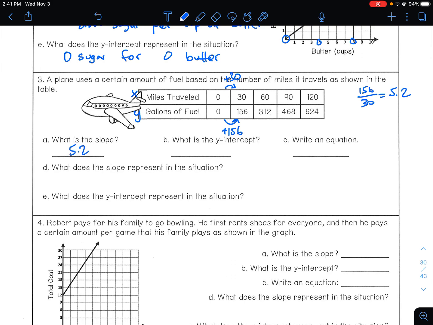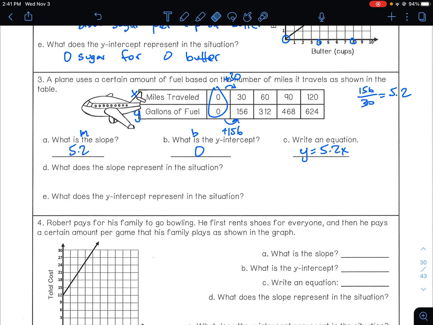What is the y-intercept? It's when x is 0. What does y equal? It also equals 0. So if 0 miles are traveled, that means 0 fuel is used. Write an equation. So this is m, and this is b. y equals 5.2x plus 0, but you don't really need to write plus 0.